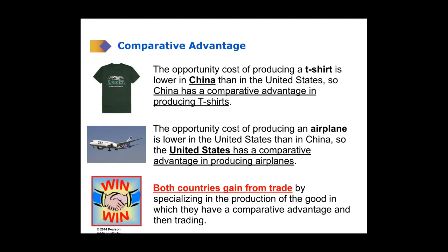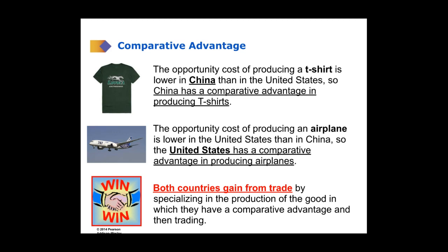So we can look at a simple example, and we'll go through this in some detail. We can look at a simple market with two goods, t-shirts and airplanes, and we can assume that the opportunity cost of producing a t-shirt in China is lower than it is in the United States. So therefore, China has a comparative advantage in producing t-shirts.